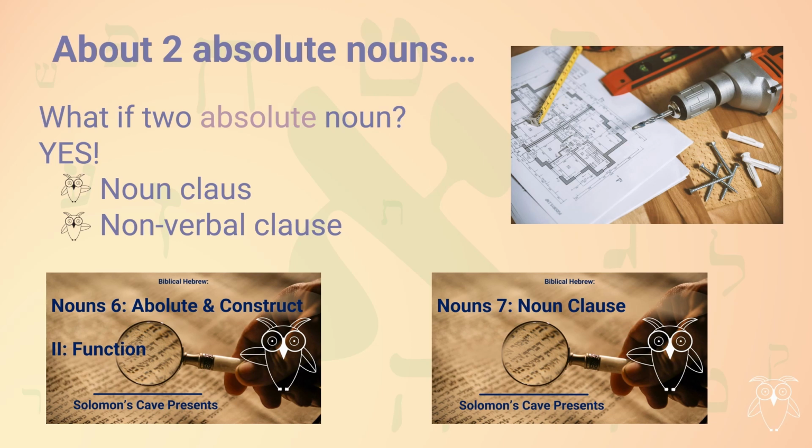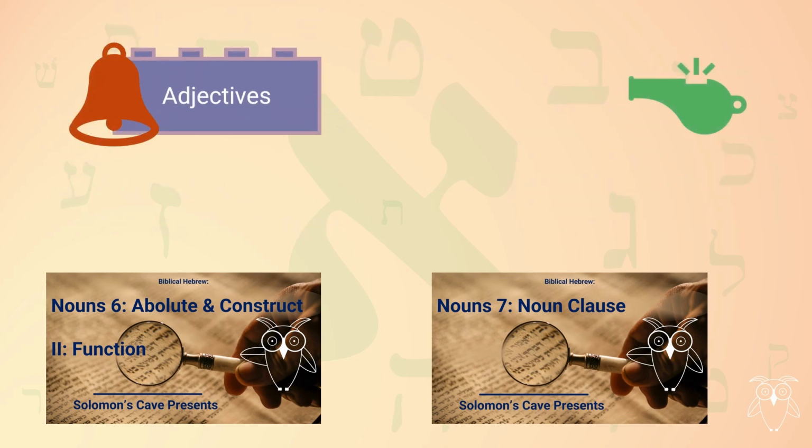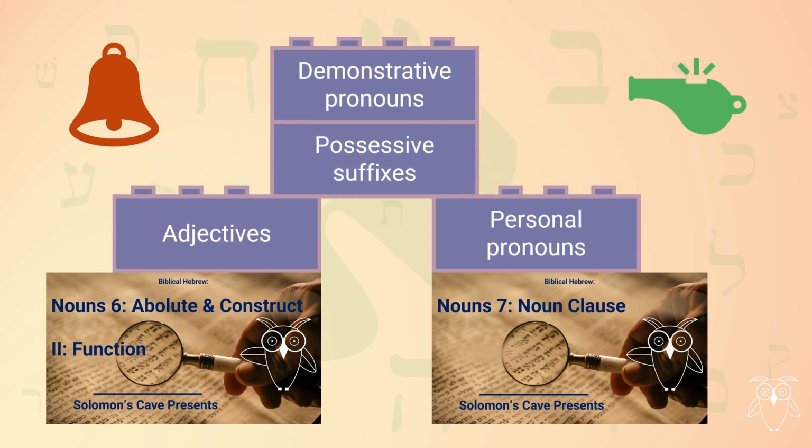Once you have a handle on these two basic principles, you are ready to add some bells and whistles. You can start adding adjectives, personal pronouns, possessive suffixes, and demonstrative pronouns. Each of those will get a video of its own, but they will assume that you already grasp these two concepts well. So my recommendation is that you bookmark this video and the next video for easy reference and review as you delve into these topics.